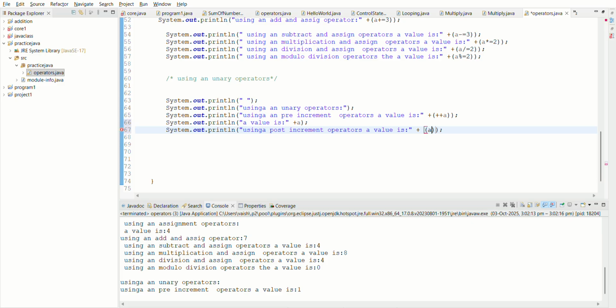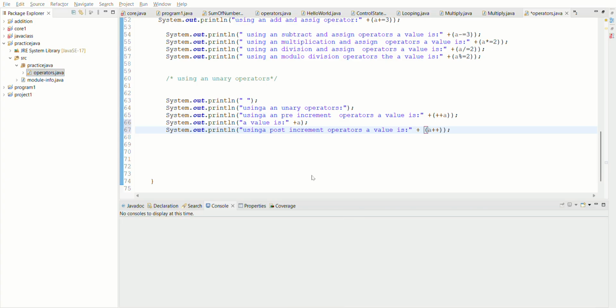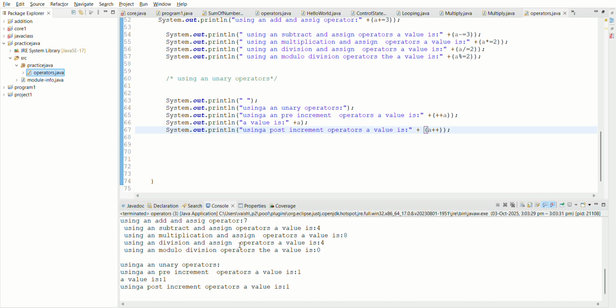Post-increment, after printing the value, it increments the value by 1. So right click, run as Java application. Right. So here using a post-increment operator, a value is 1. So after printing the value, it increments the value by 1.